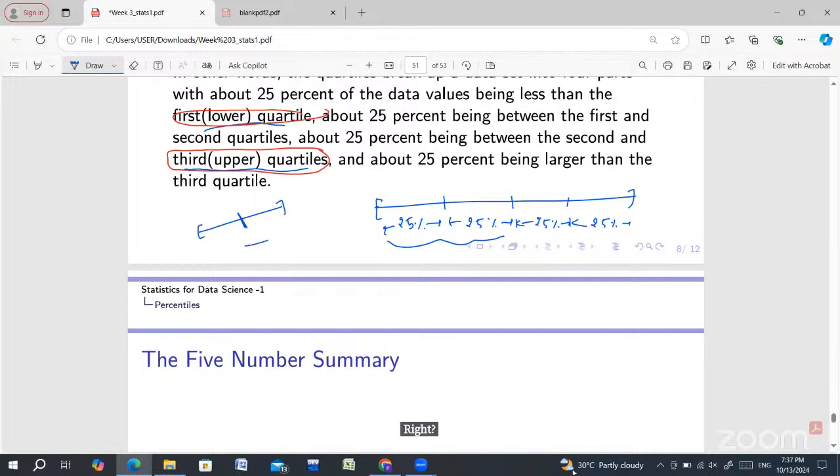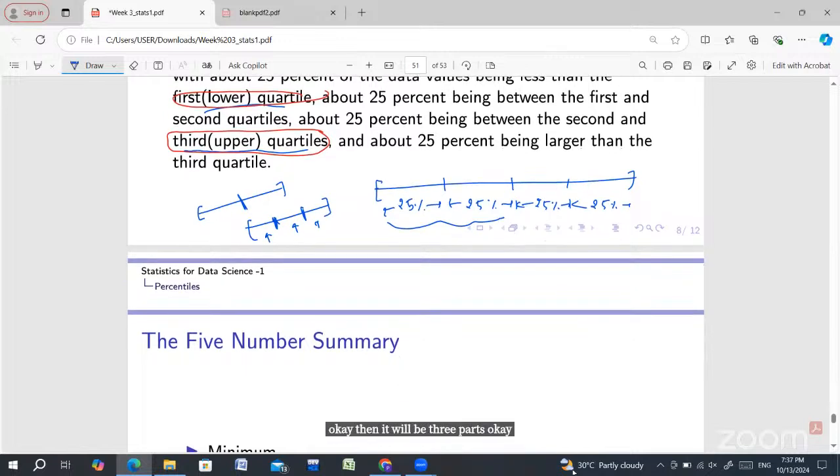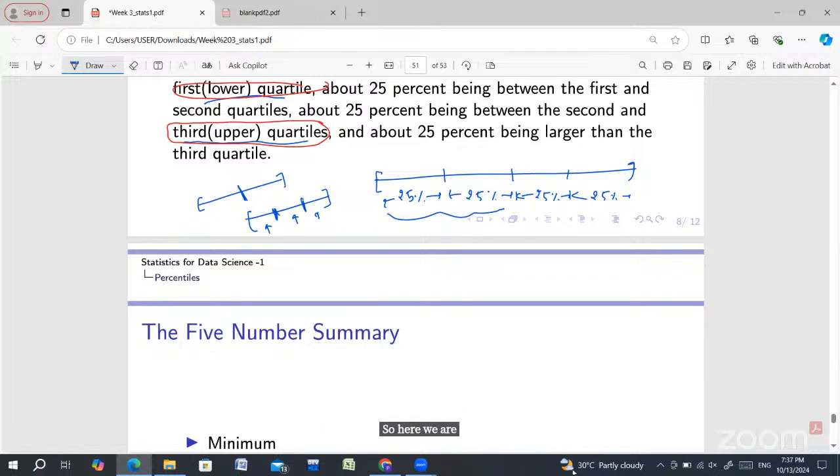If you are breaking it into 3 parts, then you need only 2 cuts. So here we are dividing the whole data set into 4 parts, and 3 points are enough to break it into 4 equal parts, right? Yes, ma'am.